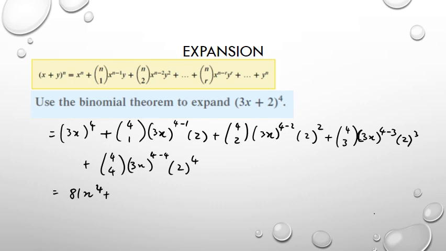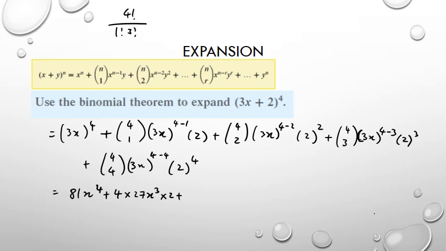Right, 4C1, we then have 4 factorial over 3 factorial, then that gives us a 4 times 3 cubed, which is 27, x cubed times 2.